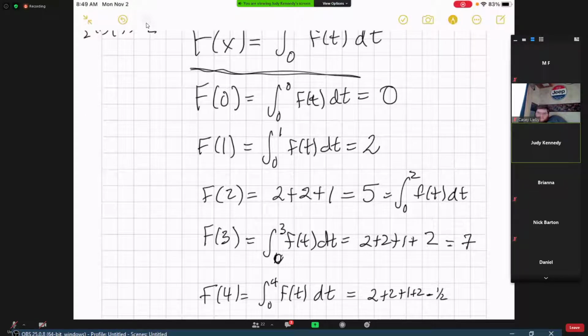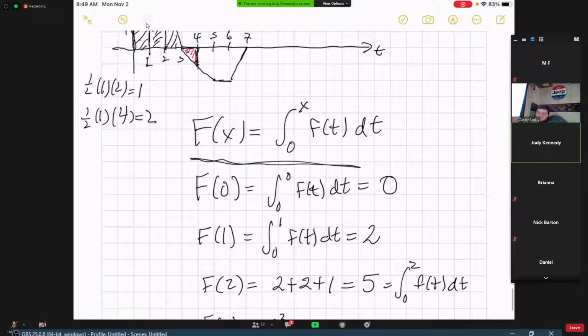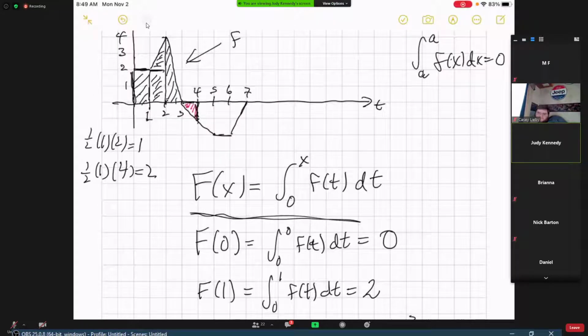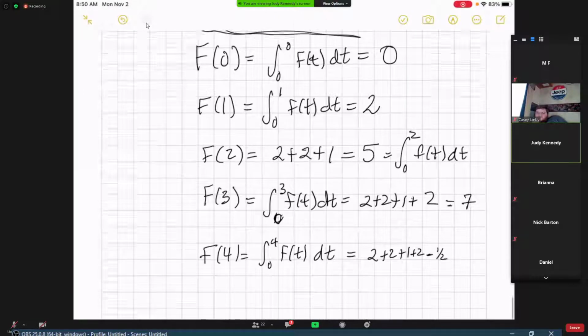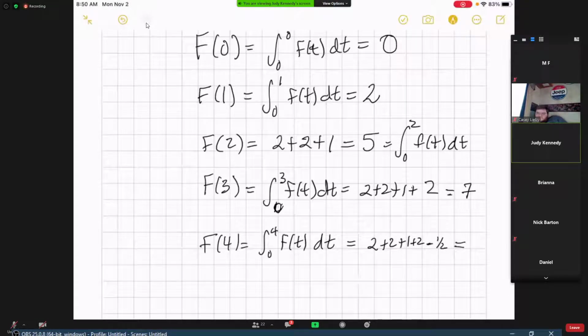But I subtract it, because now the function is, essentially, the height is -1 instead of +1. So this would be 7 minus 1/2, which would be 6.5, which would be 13/2.